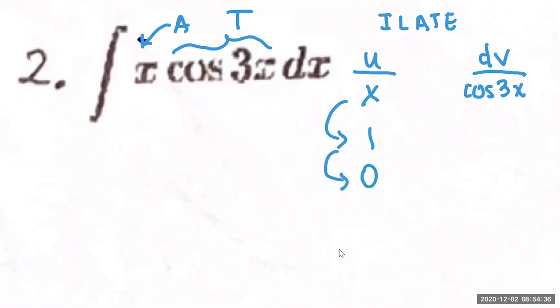If it's trig or exponential, you go in an endless loop of functions that do not get any simpler. Then on the right-hand side, we derive our u's and integrate our dv's.